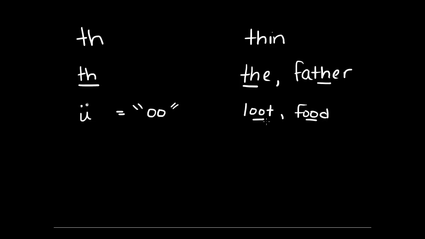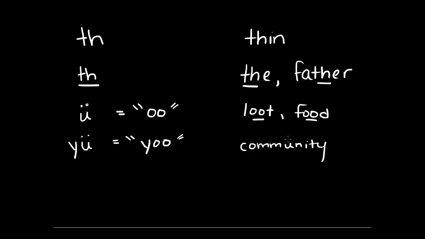Okay, so the U with 2 dots is oo, and many people get this confused with yoo, so let me go ahead and settle this now. This is yoo, as in community. It's not right to say oomunity. So here you say community.